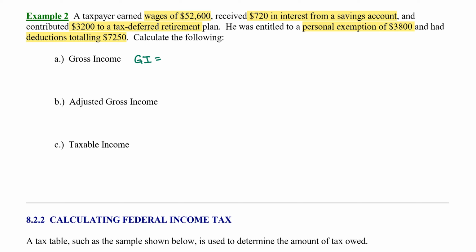His gross income is the sum of all sources of income. First of all, he had wages of $52,600, and he earned $720 on his savings account. And everything else is deductions, adjustments, and exemptions.